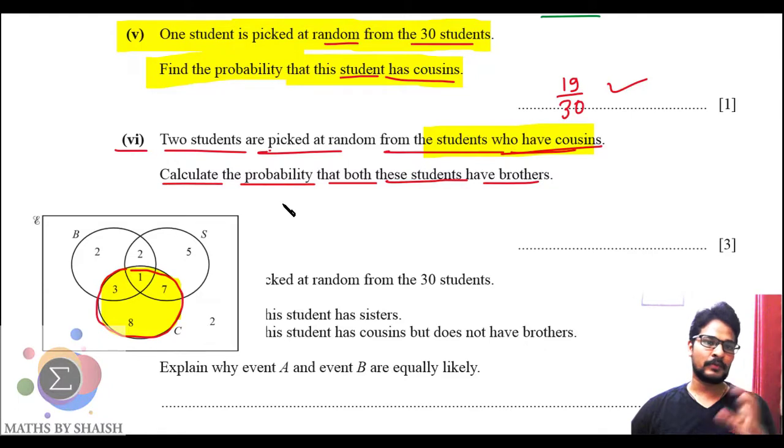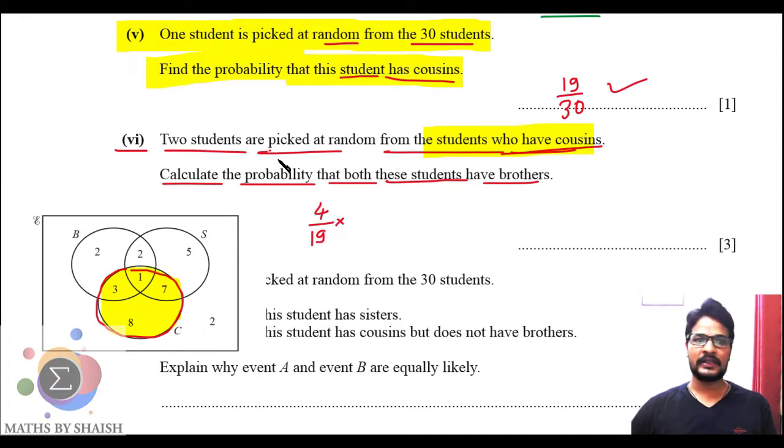If we talk about one by one in this circle, we can see there are 4 students who have brothers upon the total, and the total, we have seen, is 19: 3 plus 1 is 4, plus 7 is 11, plus 8 is 19. And now one student has been chosen.